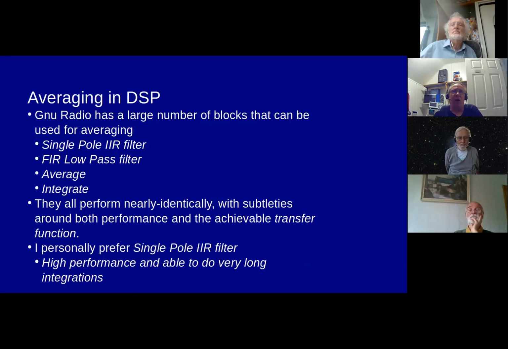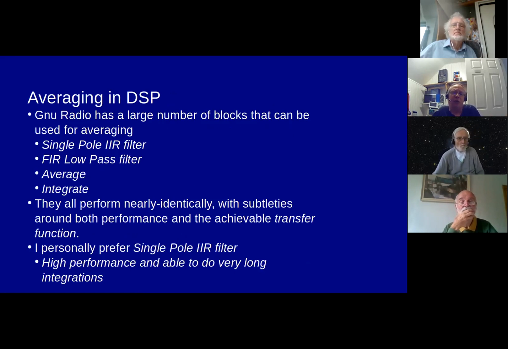So in DSP, there's just a whole whack of different ways to average a sample stream, and they each have their pros and cons, and GNU Radio implements lots of them. The single pole IIR filter, an FIR low pass filter, there's an averaging block, there's an integrator block, and probably 3 or 4 others that I haven't even mentioned.